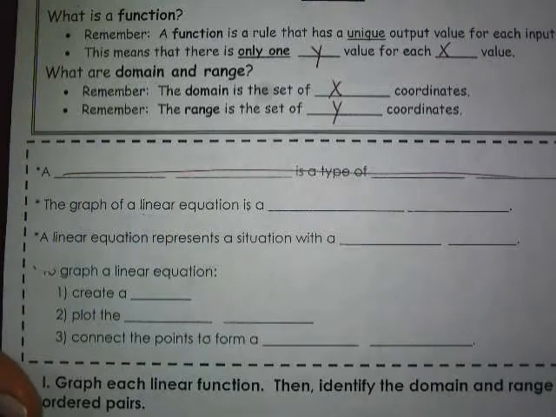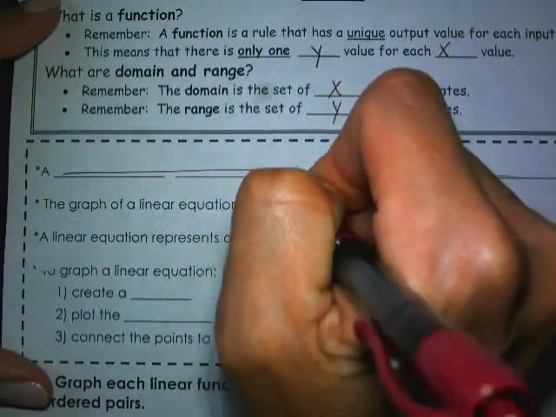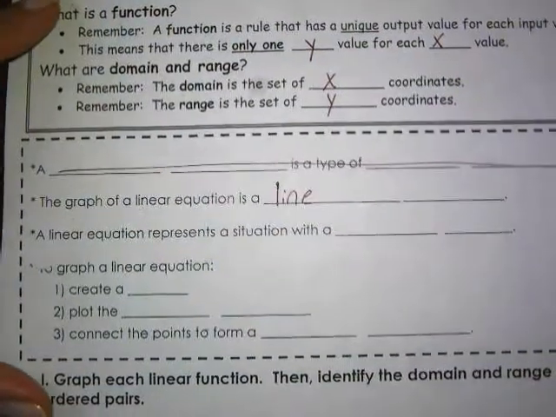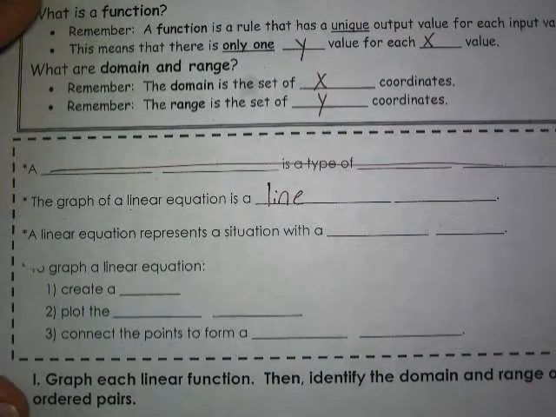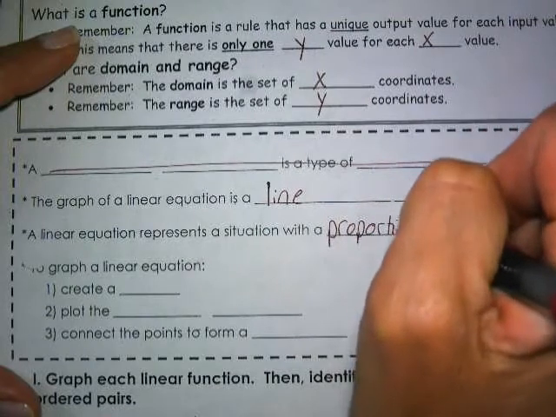All right, a graph of a linear equation is a line. I'm pretty sure we all remember that part. A linear equation represents a situation relationship.